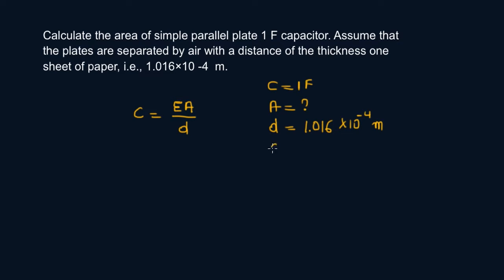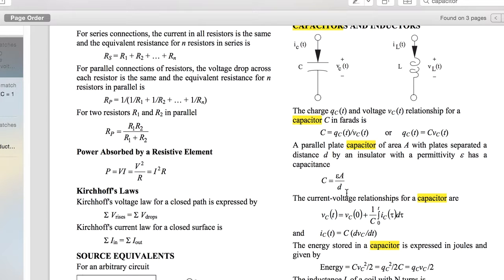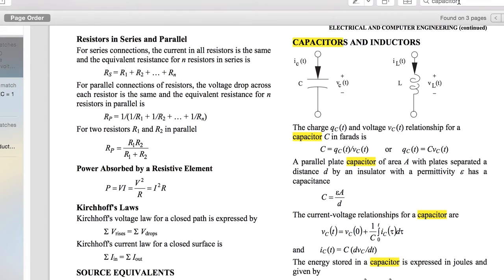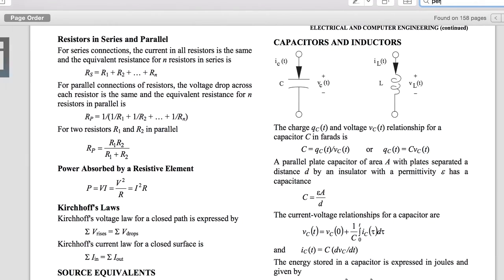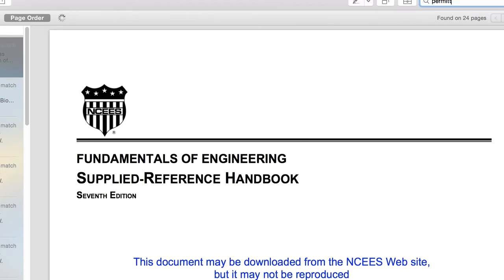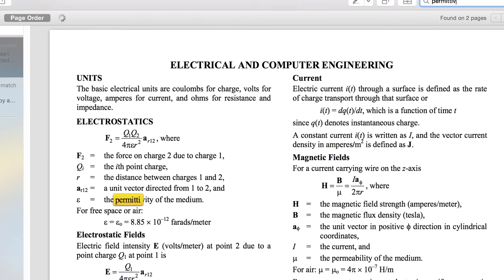So epsilon is, let's go to the actual handbook. Let's search that. I believe they call that permittivity. Free air, there you go.